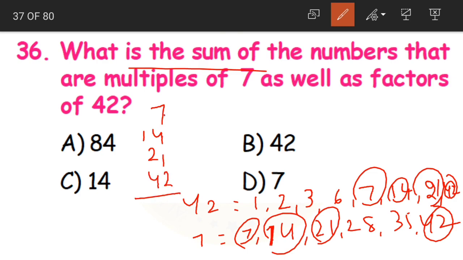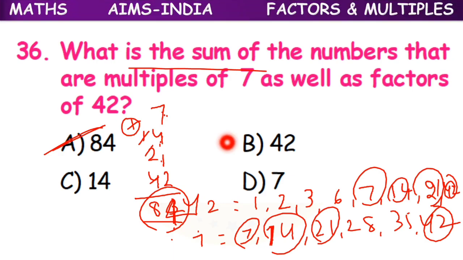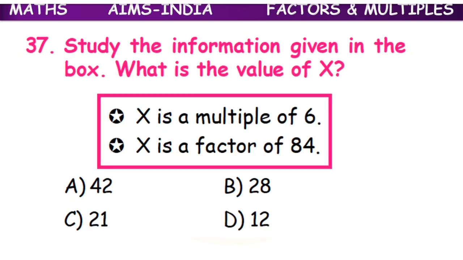So what is the sum? 7 plus 4 is 11, 11 plus 1 is 12, 12 plus 2 is 14. Yes. So what is our final answer? 84 is the final answer. Option A becomes our correct answer. Okay, so whatever is asked in the question, write accordingly so that you will get your answers.